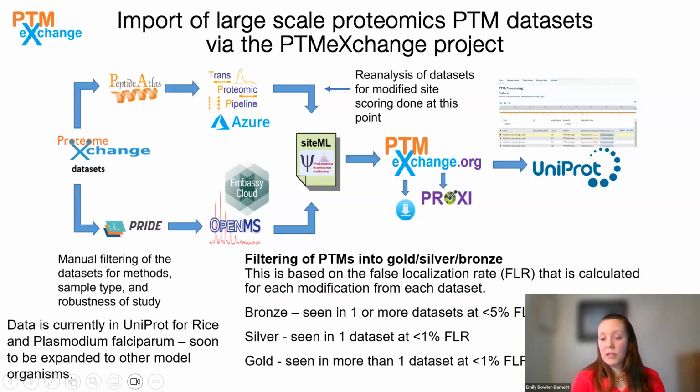We have just short of 6,000 for our rice proteins here for that. So that's just short of 6,000 sites, not proteins. To get a silver category, that PTM will be seen in one data set at less than 1% FLR, and then to get a gold, it's seen at less than 1% FLR in more than one data set. And you can see we've got a few less of the gold because it's a more stringent category.